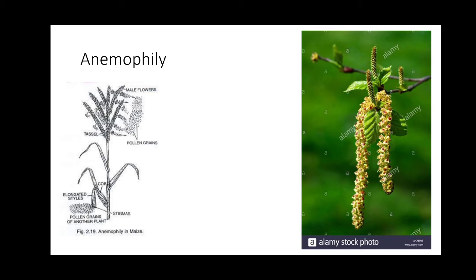For that, we always find that the anther is versatile. It will be long, and it will burst open and disperse all the pollen outward, and the pollen are capable of flight, because either they are designed in such a way that they may have some sort of extension which allows them to glide through the wind, or they may have a dry, desiccated nature, by which they have a much greater tendency of dispersal and being blown by the wind.